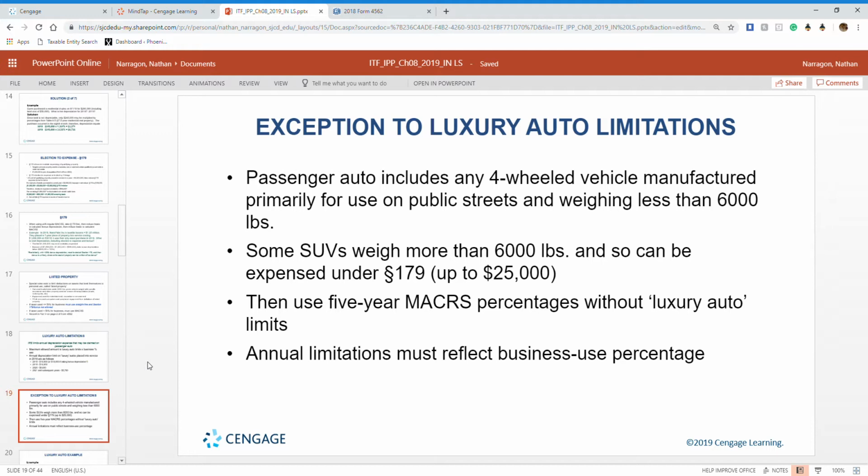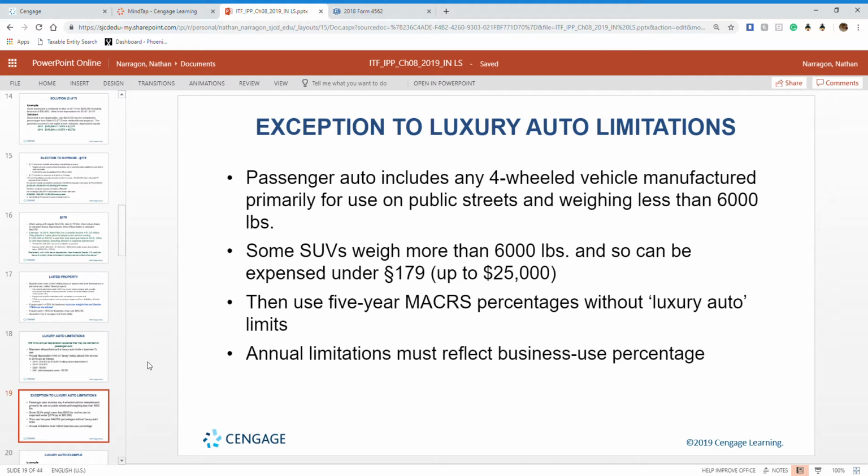When we think luxury, think of Mercedes, BMW, actual luxury brands. But sometimes a Chevy and a Ford can land into this. A lot of times the big trucks will land into this category. And that's fine. Sometimes it's just better to take the vehicle and let it go.